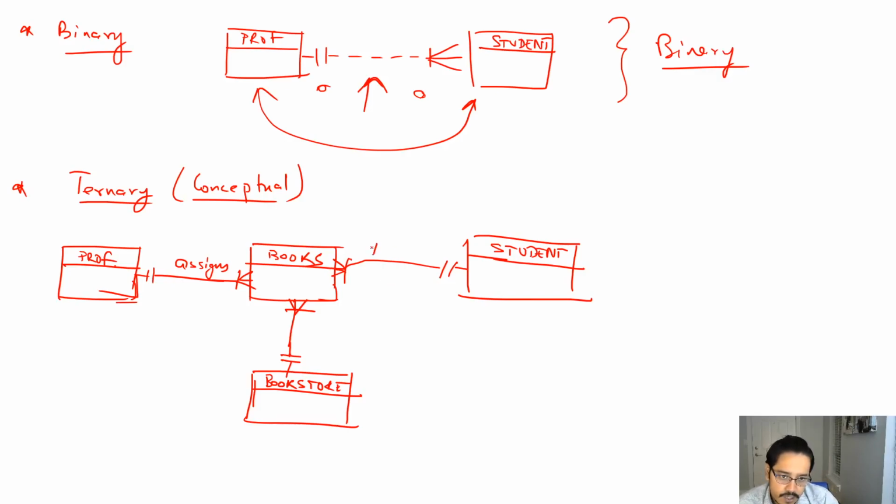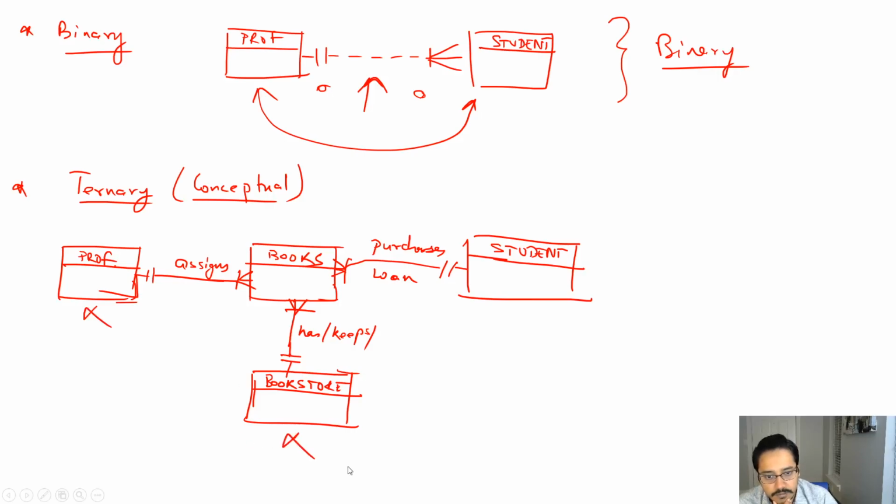Okay, so either purchases, or if the context is loaning, then you can just say loan. And bookstore has or keeps M books.